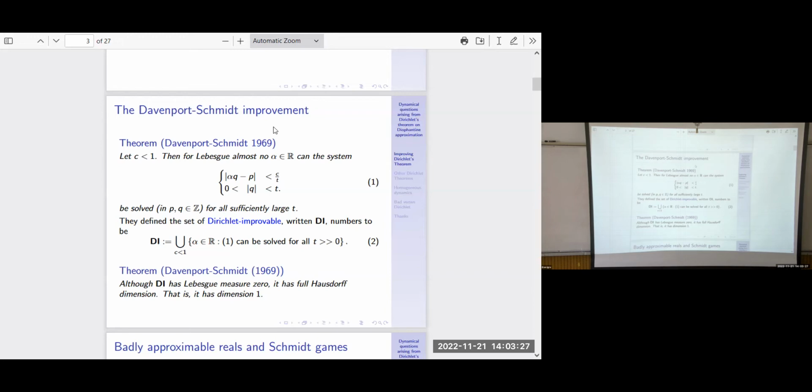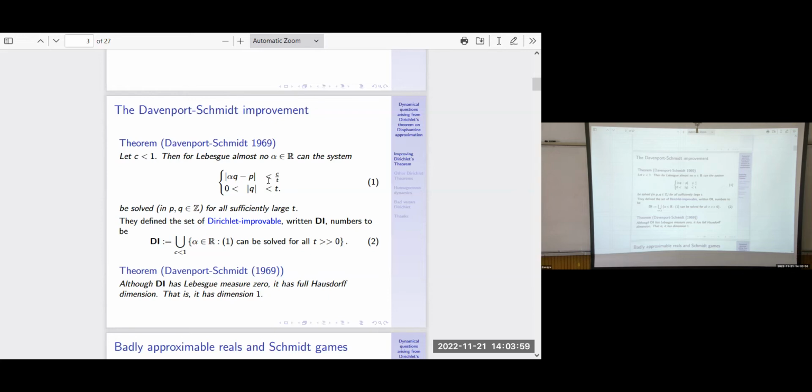They gave this definition of the set of Dirichlet-improvable real numbers, written Di. It's the set of numbers for which there exists some C less than 1 for which the Dirichlet system can be solved for all sufficiently large t. I hope the definition is clear.